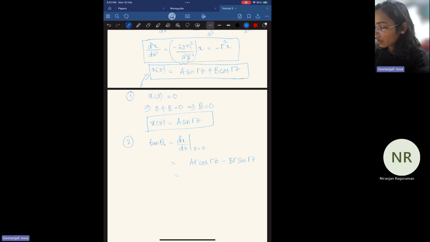If you put z equal to 0, the second part is already 0. What we have is a gamma.